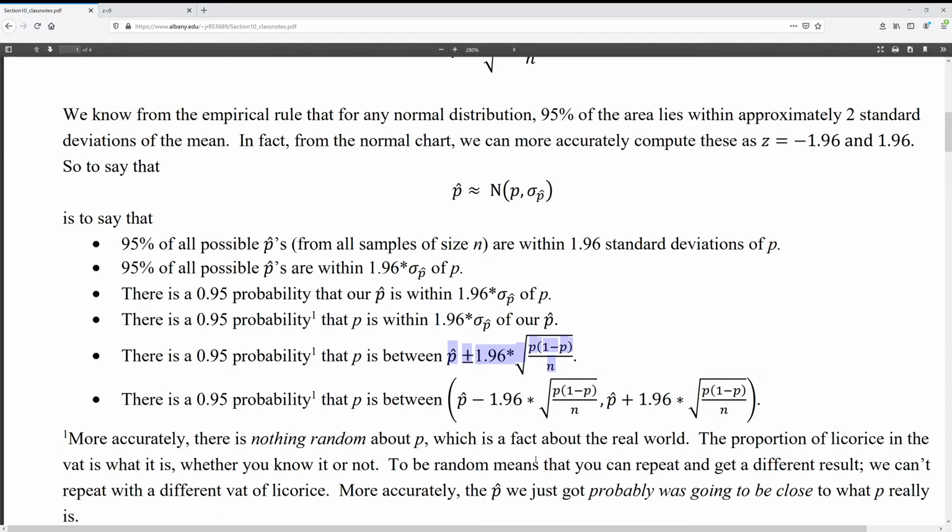Okay, ready to go? P hat was 0.4. N was 100. What was P? This is more fun to do by a show of hands in class, but the bottom line, of course, is that the whole thing has been a colossal waste of time, right?